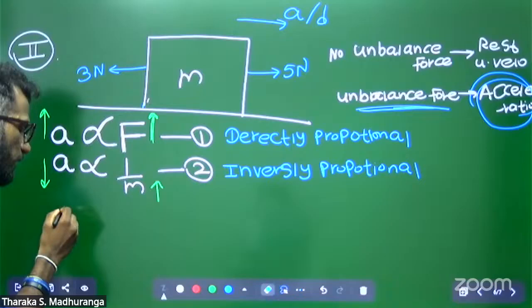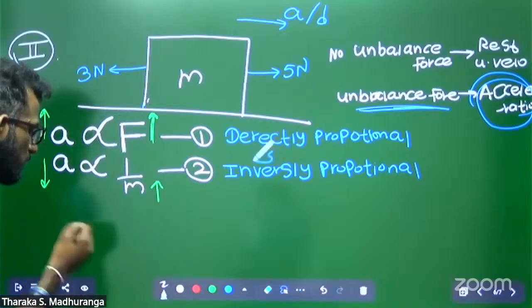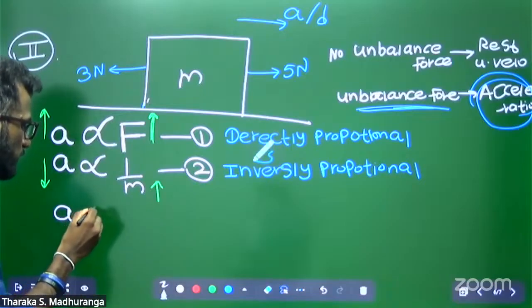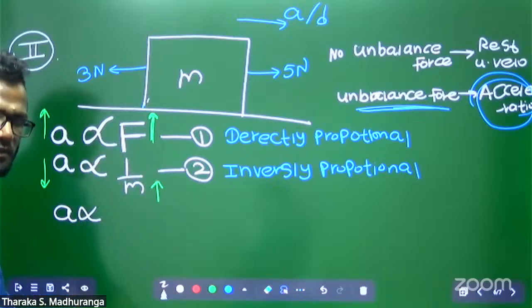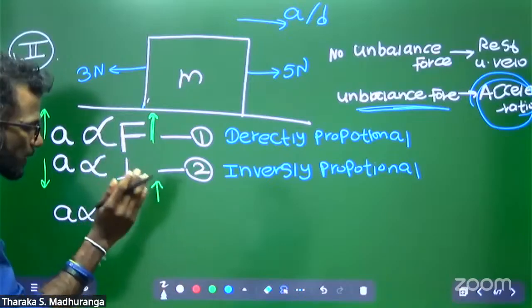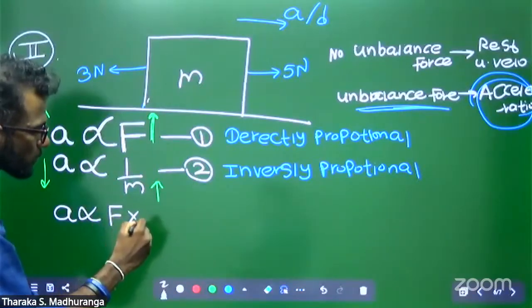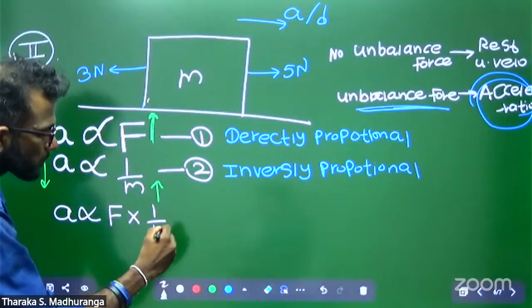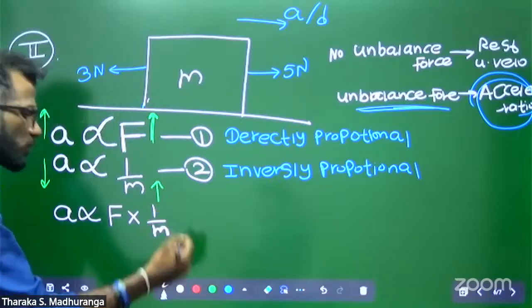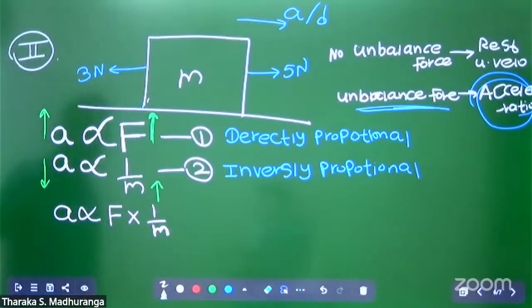Therefore, acceleration is directly proportional to F into 1 over m, because both are the same value.